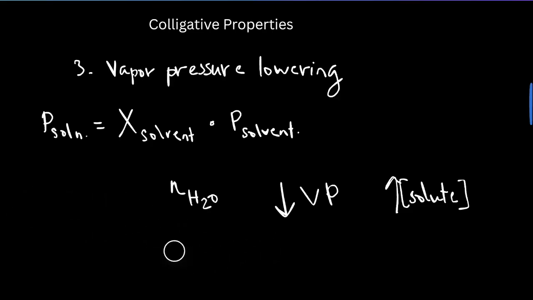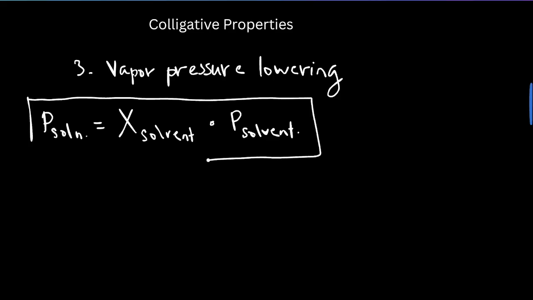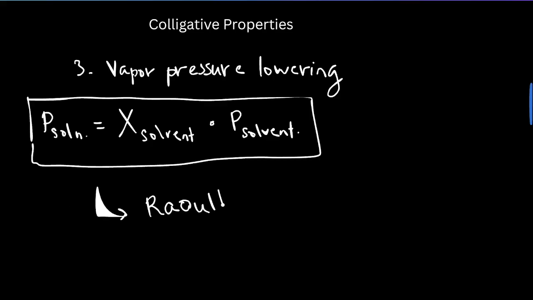And now before we move on, let me just add in another fact here. This formula that we're working with right here is actually the one that is associated with what is called Raoult's law.